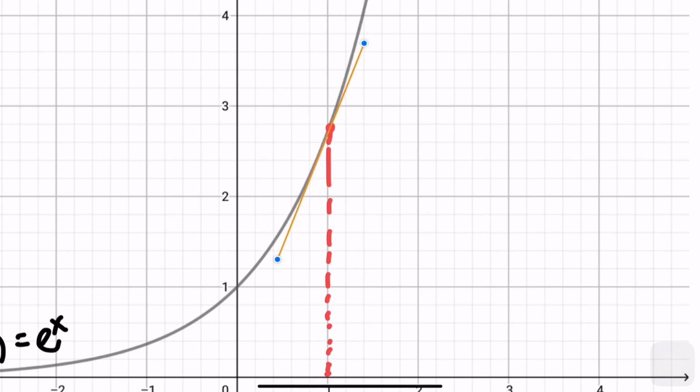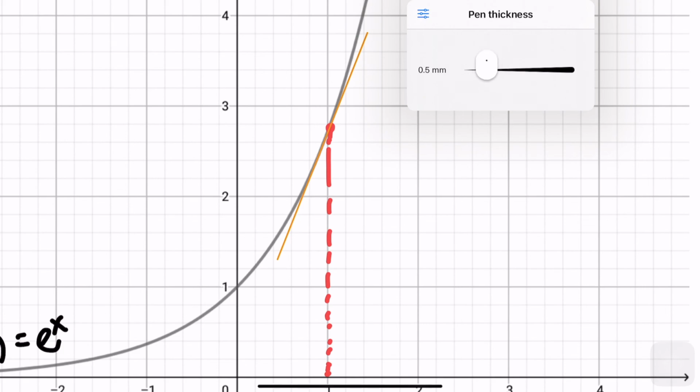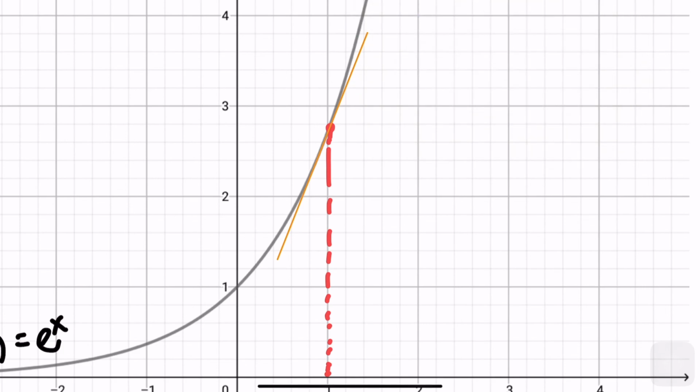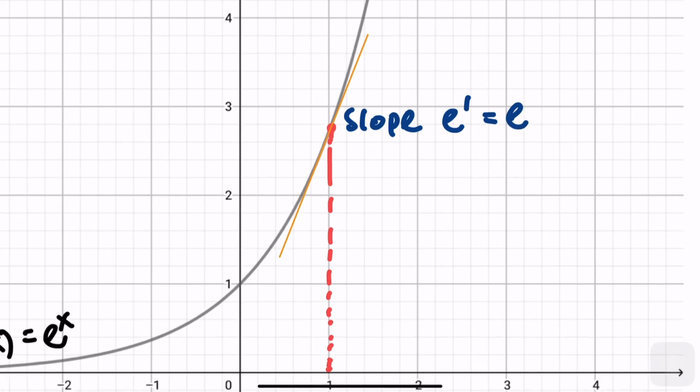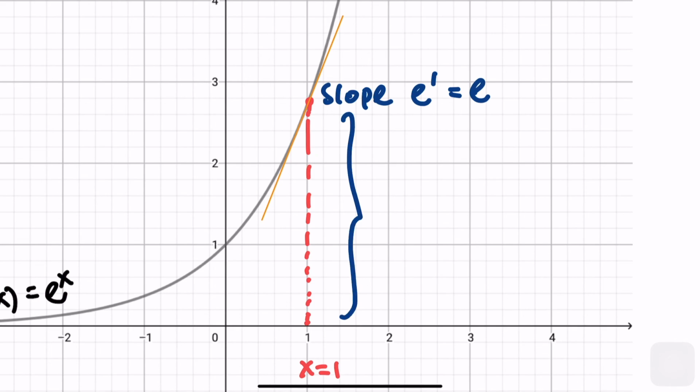Maybe that is the slope at x equals 1. So the slope is e, and the height is also e, right?